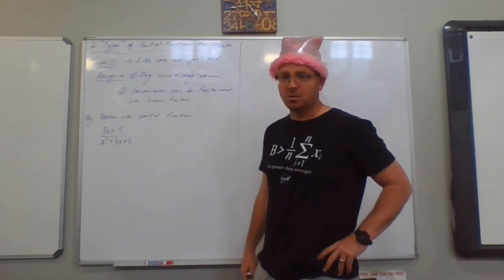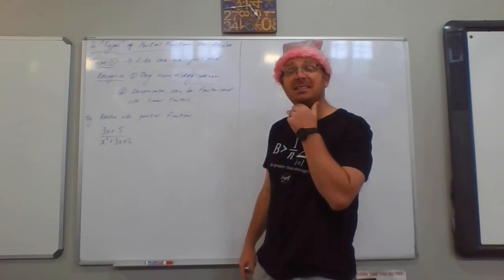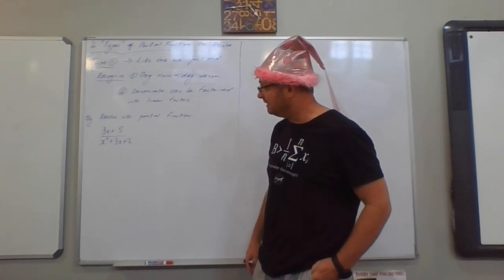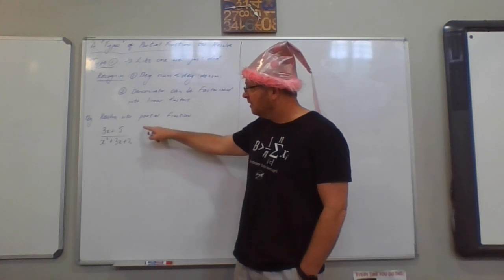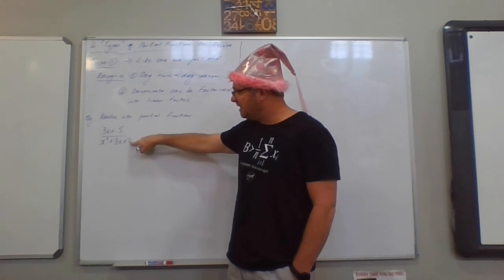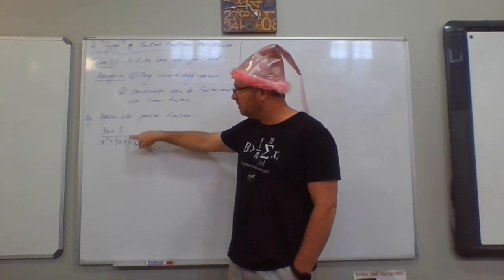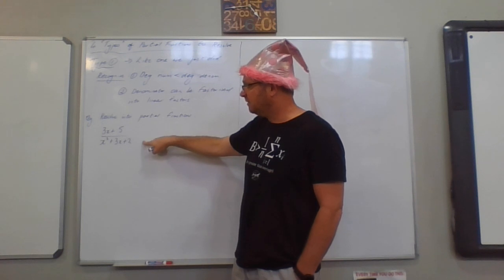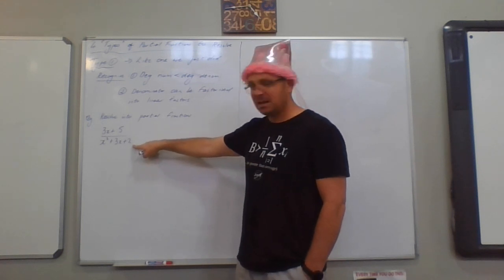The reason why this is important is when we eventually do something called integration, it makes our life a lot easier. So, first of all, is it a type 1? Yes, because the degree of the numerator is 1, and the degree of the denominator is 2, so that's less than that. That's the first thing we look for, and that can be factorized.